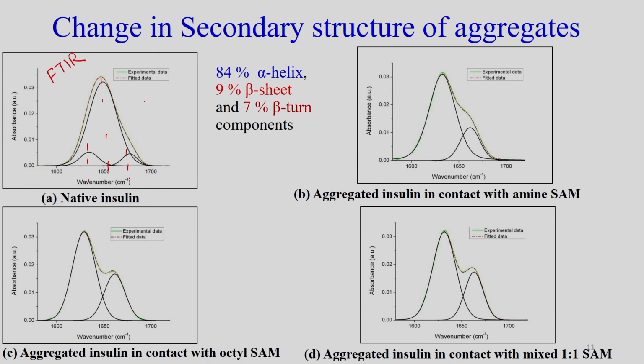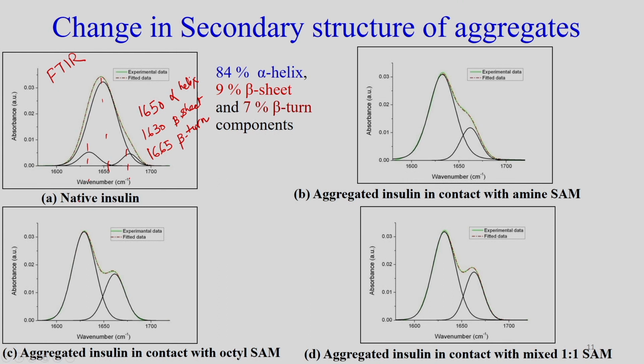Around 1650 refers to the alpha helix, 1630 refers to the beta sheet, and about 1665 refers to the beta turn.